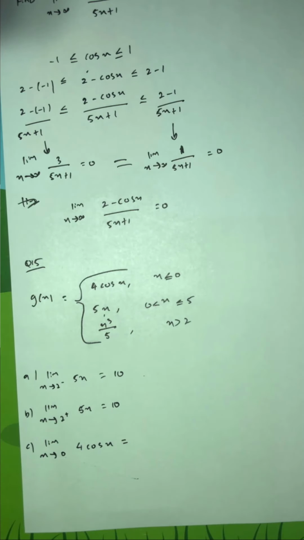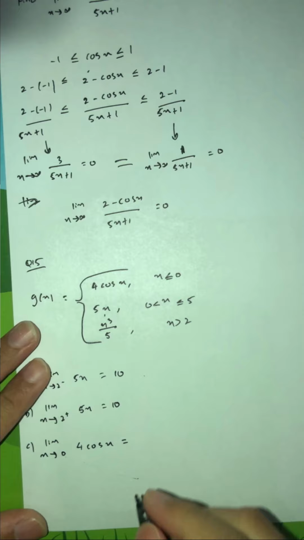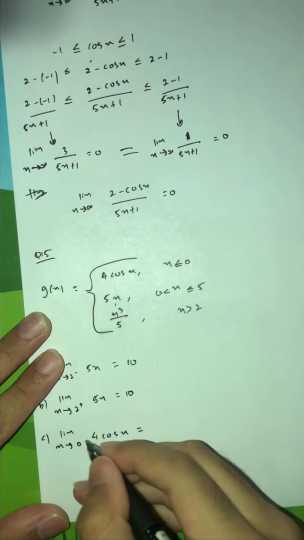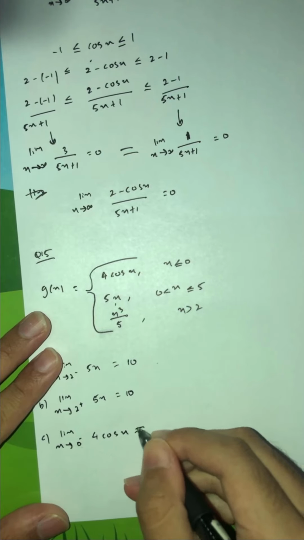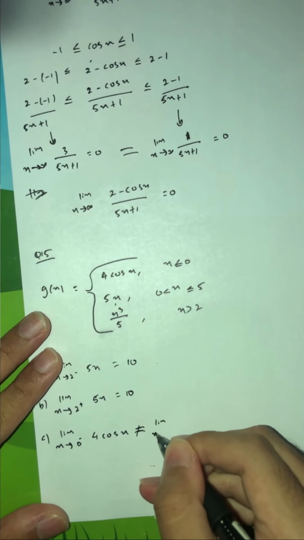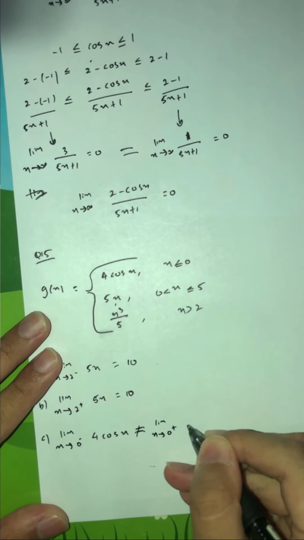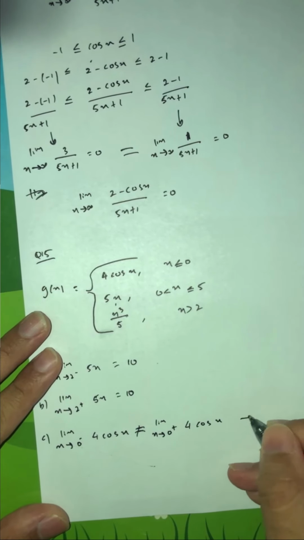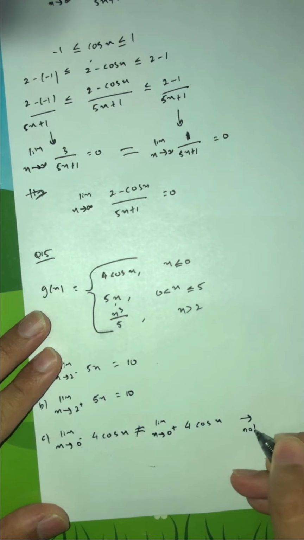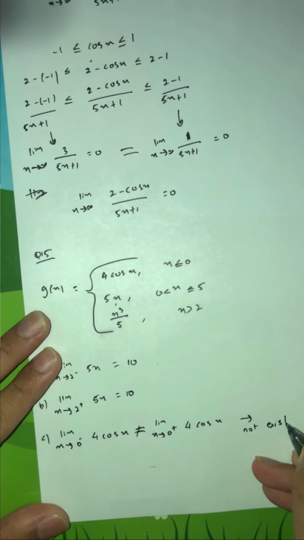basically the limit does not exist here, because the limit as x approaches 0 from the negative side is not equal to the limit as x approaches 0 from the positive side of 4 cos x, so it does not exist.